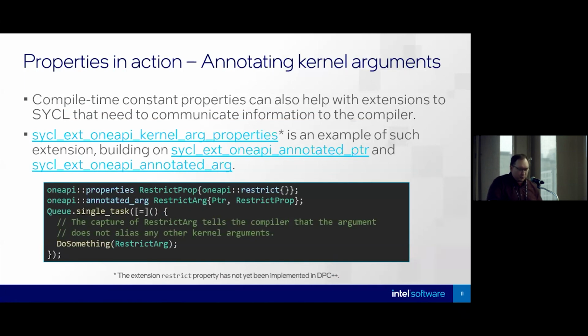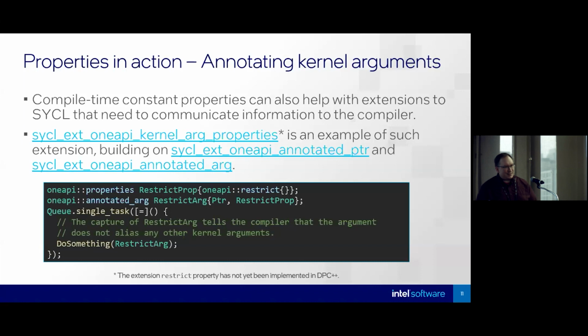This can be useful for many things as well. We have even more extensions to do all kinds of other stuff. In particular, in this case, we have an extension for kernel arguments and annotated arguments and pointers. One of the weirder parts of C and C++ is pointer aliasing. It's one thing the Fortran people love to say they do better.